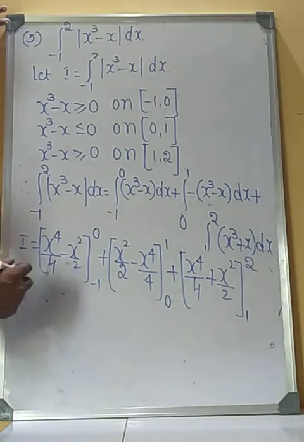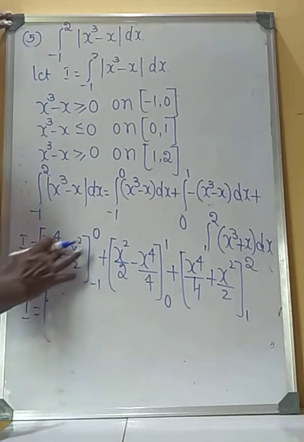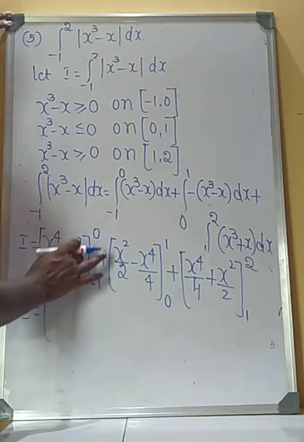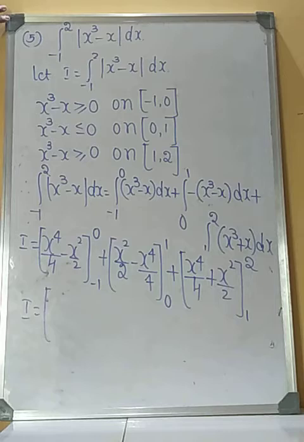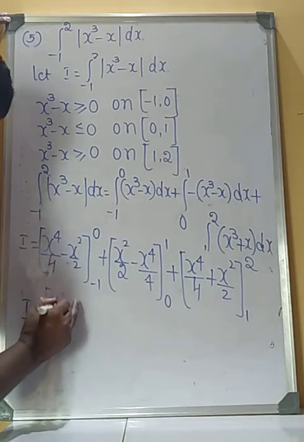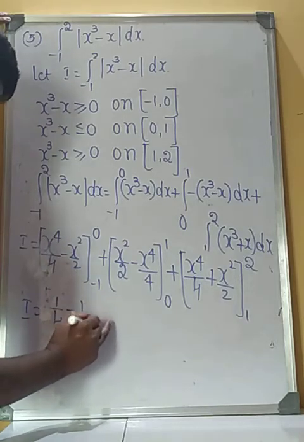So now substitute. Therefore I equals, first, 0 by 4 is 0, 0 by 2 is 0. The next, minus 1 to the power of 4 is plus 1 by 4, minus 1 divided by 2.